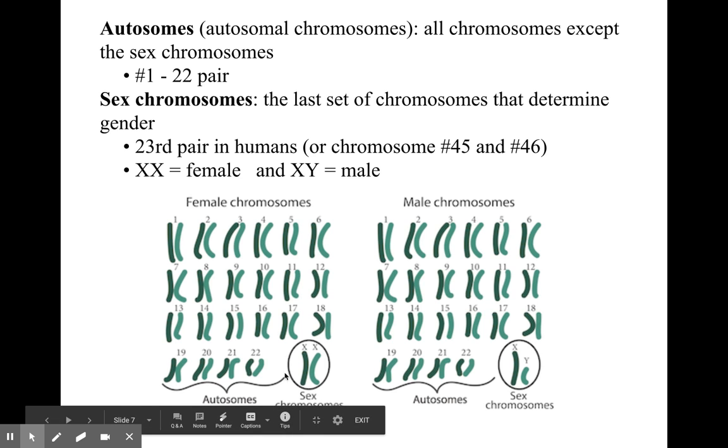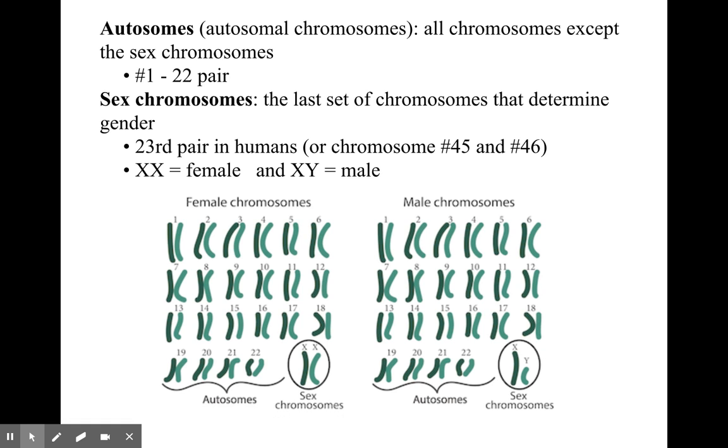Now, when we talk about humans, we're going to talk about autosomes, and autosomes are numbers 1 through 22. So the pairs that we number 1 through 22, those are all autosomes. And then the last pair of chromosomes we call the sex chromosomes because that's what determines your gender. Are you male or female? That is based off those two chromosomes alone.